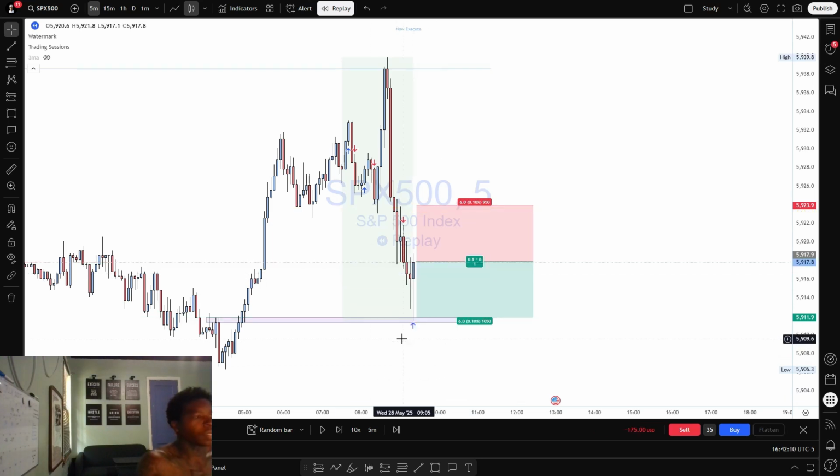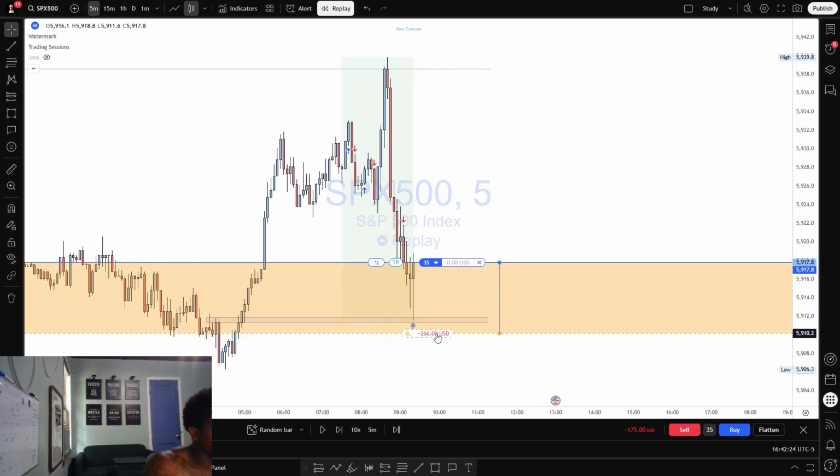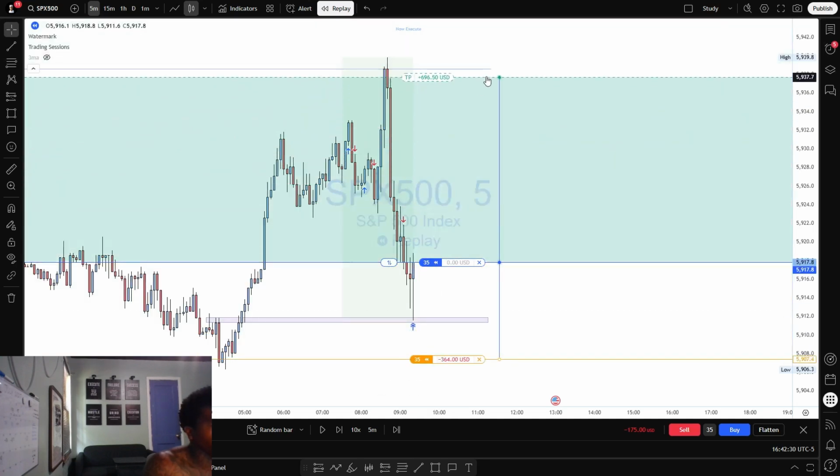Take profit. And you see we came to this point. We can get a buy back here. We're going to long it. And I was going to say you can take the low on the lot size, but I'm not going to load it up. I am just risking more though. I'm going to aim for this high.